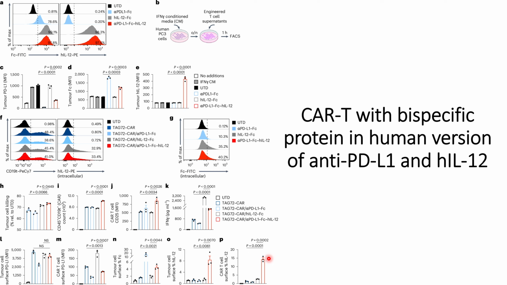Interleukin 12 expression is low in the case where only human interleukin 12 is used, because in this case the cytokines, or we can say IFN gamma, formed by these tumor cells could be affecting the human interleukin 12 expression.